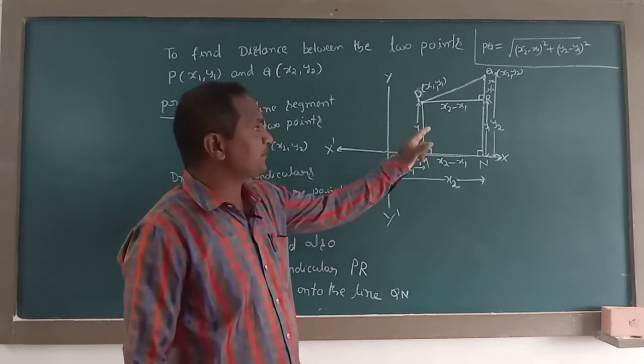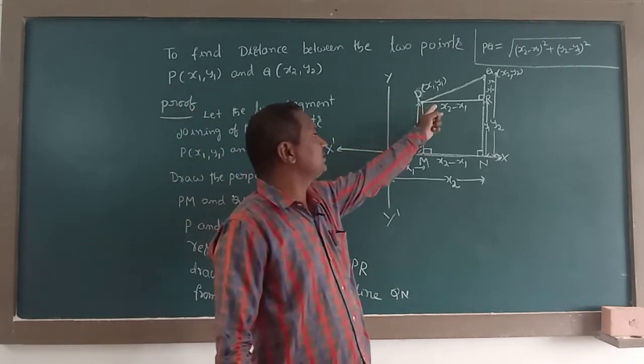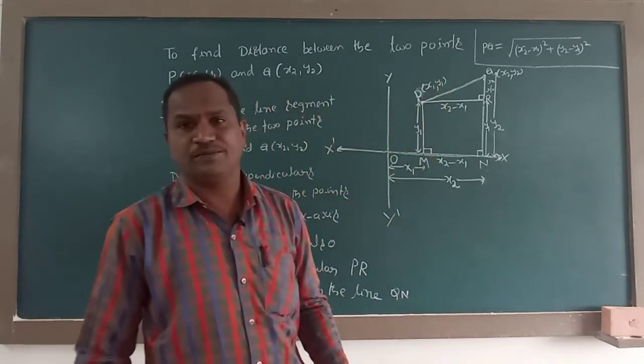If we draw the perpendicular like that, then we are seeing the right angle triangle PQR.